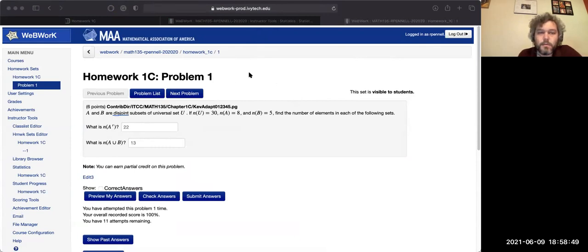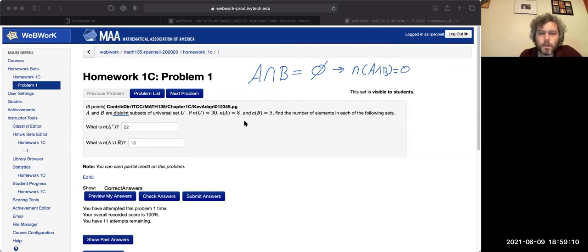If A and B are disjoint, that means their intersection is the empty set. Absolutely has to mean that. You could also say that the number of elements in A and B is equivalent to 0.